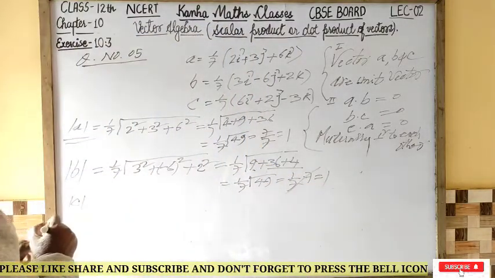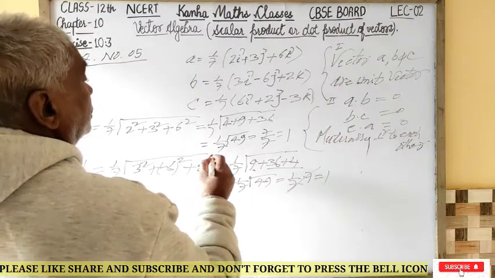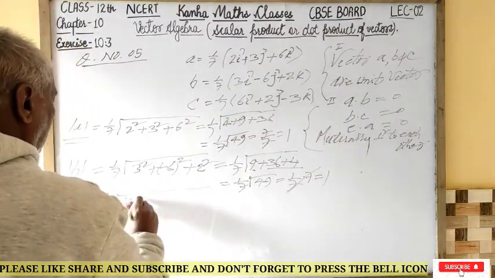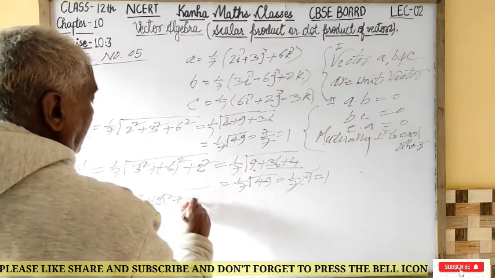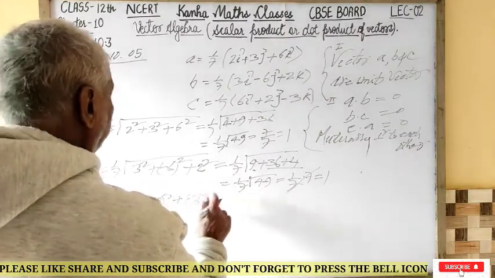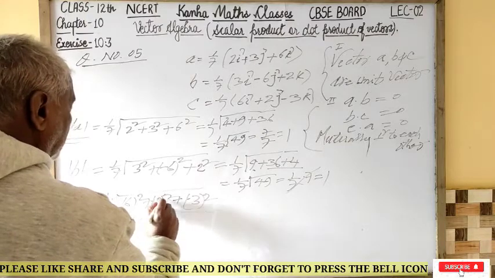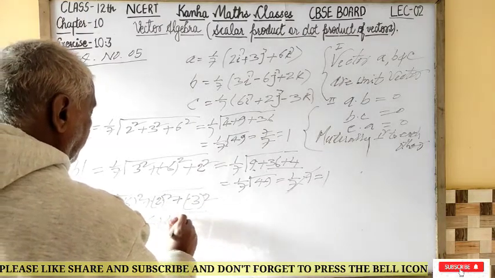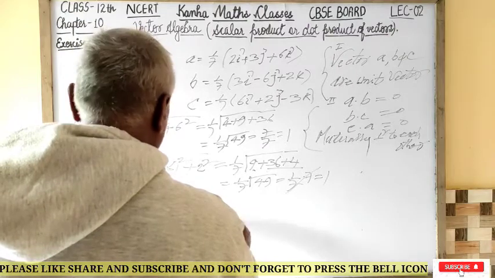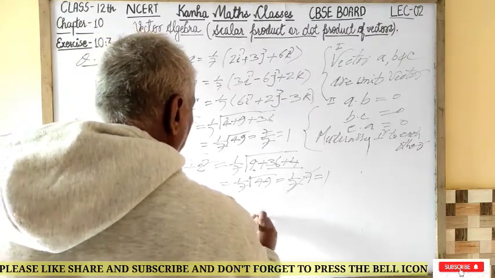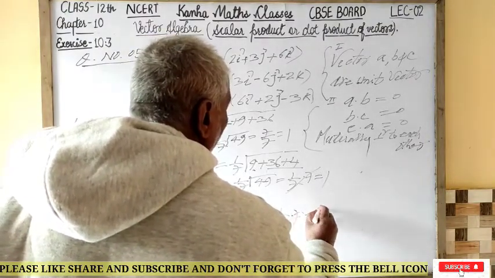Similarly, mod of vector C is equal to 1 by 7 under root 6 square plus 2 square plus minus 3 square, which is 1 by 7 under root 36 plus 4 plus 9, that is 1 by 7 under root 49, and 1 by 7 into 7 is equal to 1.